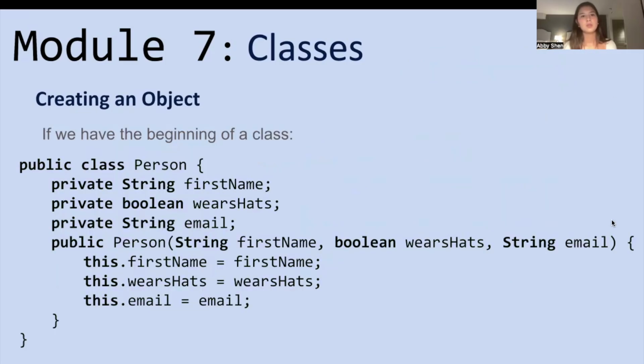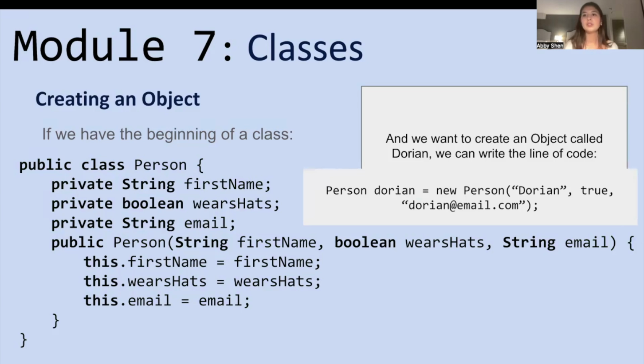So here's another example of what the beginning of a class would look like, this time for this person example. We have this public class person, and the instance variables are the private string first name, private boolean wears hats, and private string email. Then next we have our constructor, which creates a new person given those parameters: first name, wears hats, and email.